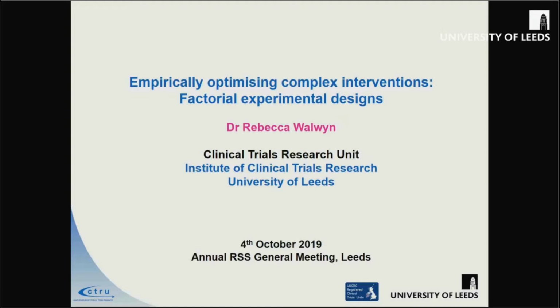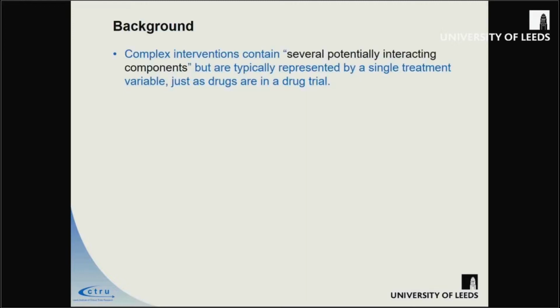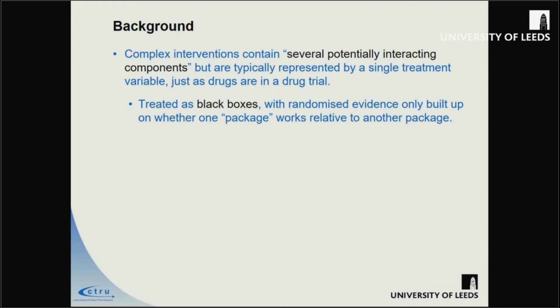Complex interventions are defined as interventions that contain several potentially interacting components. That said, when we do a trial, we tend to regard it as one treatment variable with either package A or package B, and much the same way as you would do any drug trial, all you know about is what is in the case in that black box of a complex intervention.